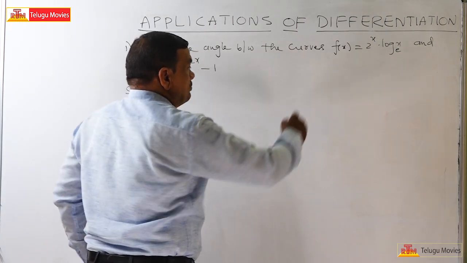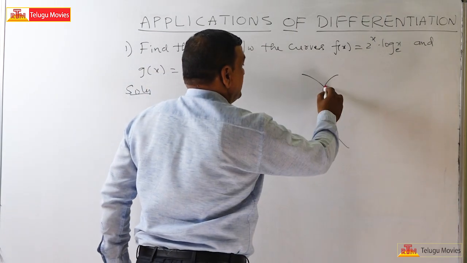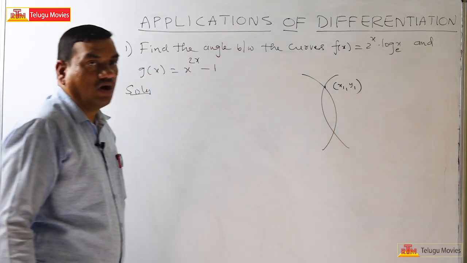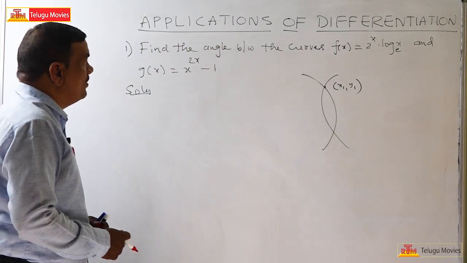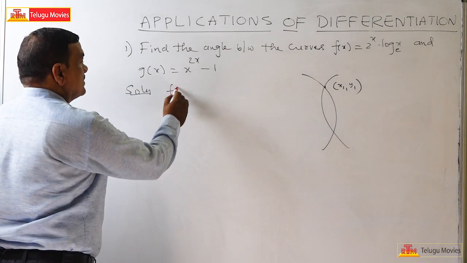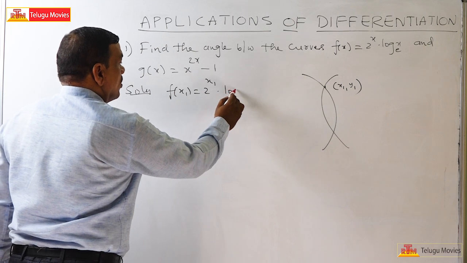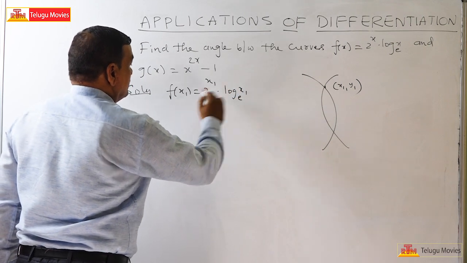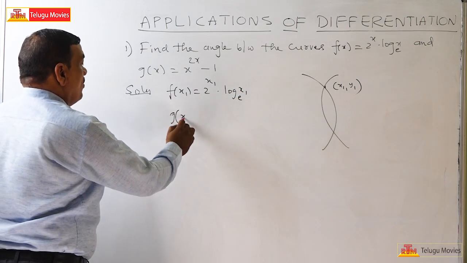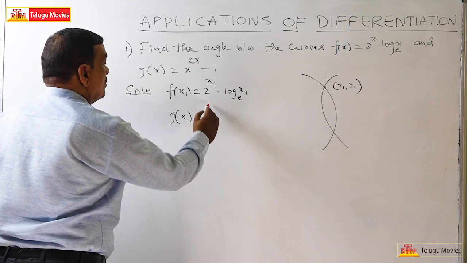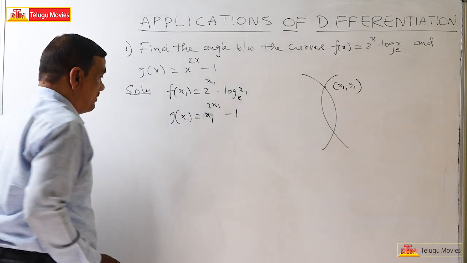Let these two curves intersect at the point (x1, y1). Then we have f of x1 is equal to 2 times x1 log of x1 to the base e, and g of x1 is equal to x1 to the power of 2x1 minus 1.